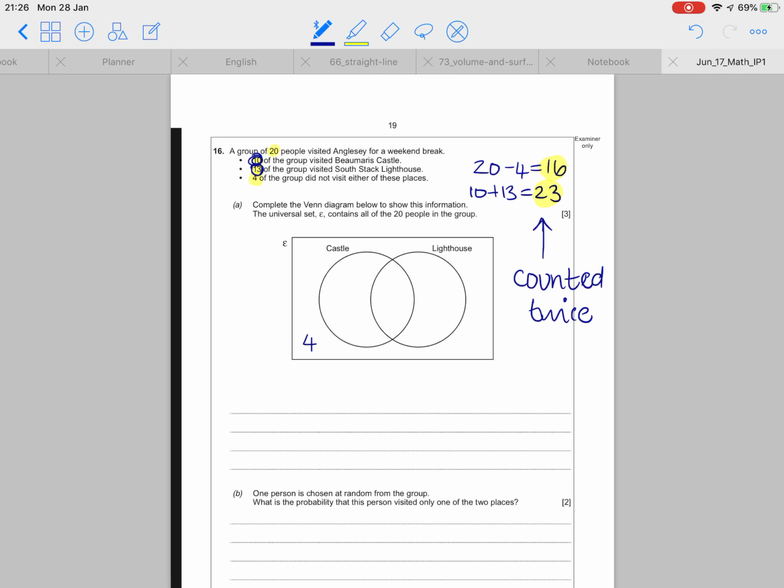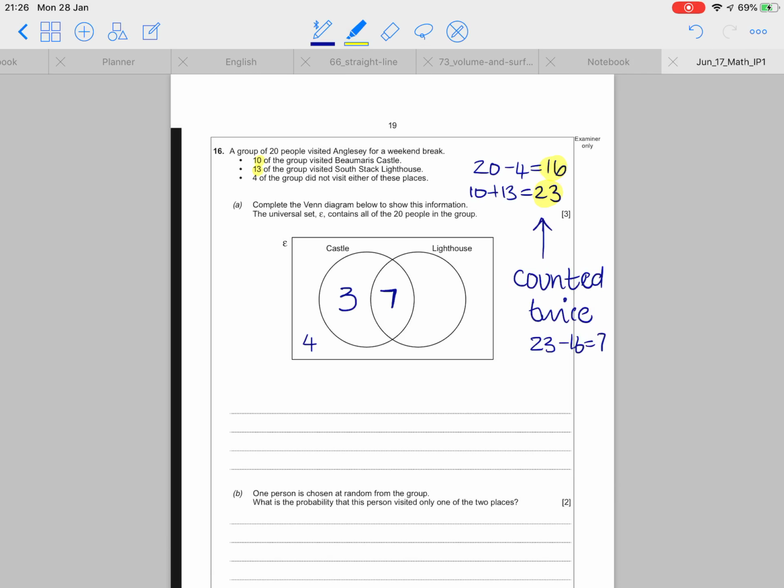So how many people were counted twice? 7 people were counted twice. So those 7 people put their hands up for the castle and then also put their hand up for the lighthouse. So they got counted in both questions. It says here that we have 10 people who visited the castle. Those 7 people were counted twice, but there was another 3.